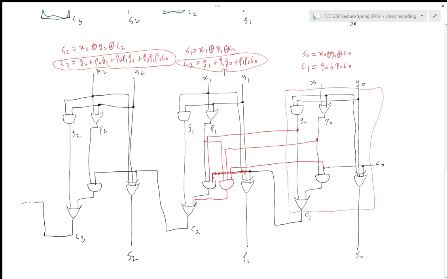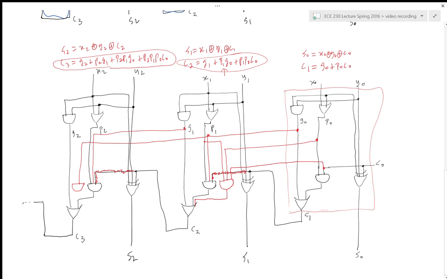So we have G2, which is already in there, and P2 and G1. Now we break this carry connection, and the next one that we are going to build in addition to that is P2, P1, and G0.